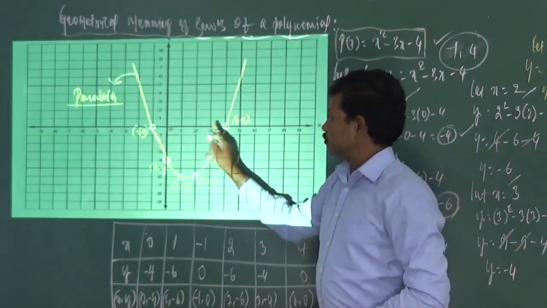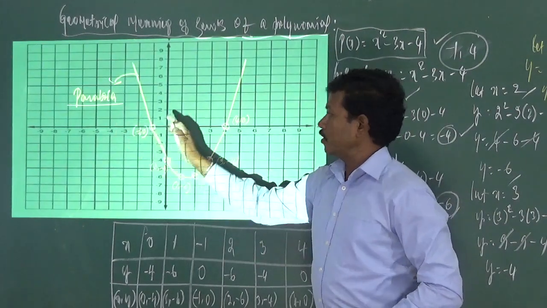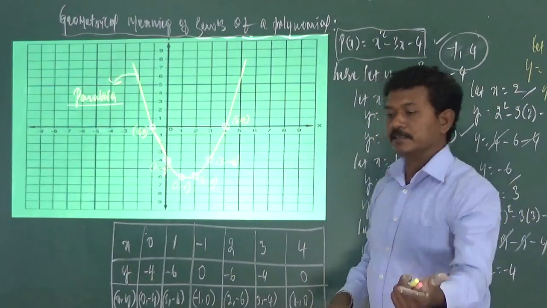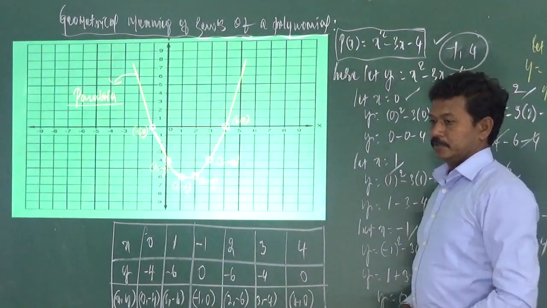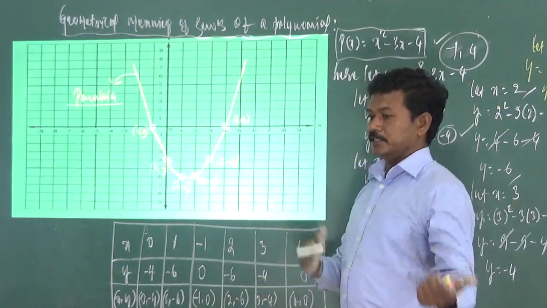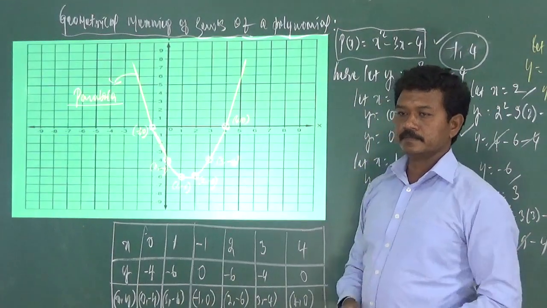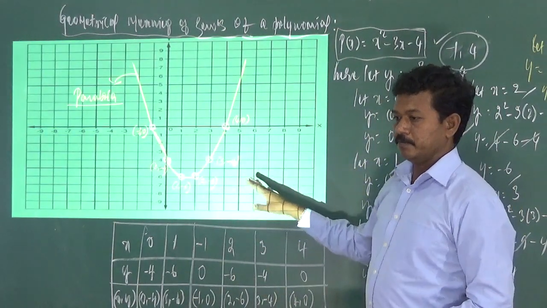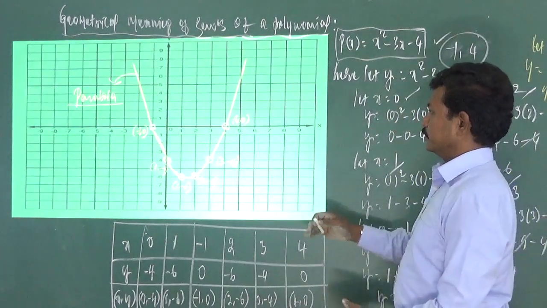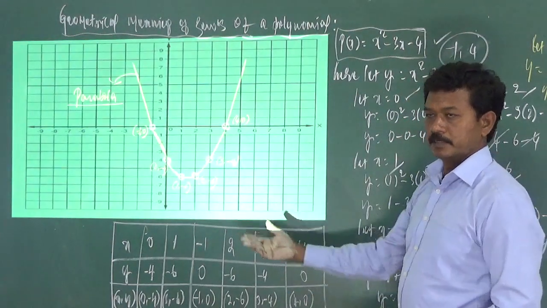Therefore these 2 points where the parabolic curve cuts the x-axis are said to be the zeros of that quadratic polynomial. So it cuts at minus 1 and cuts at 4. Therefore minus 1 and 4 are the zeros of this quadratic polynomial. This is very important. I hope you understood. So let us go with some more other possibilities on that.